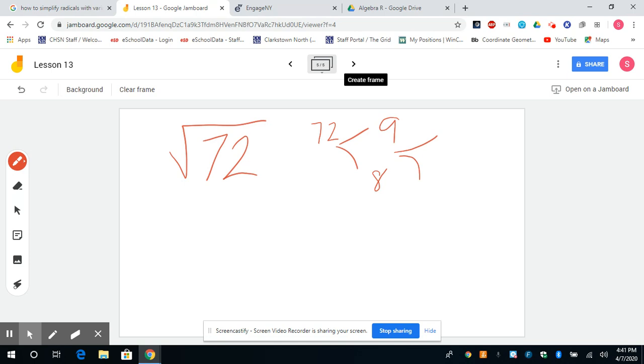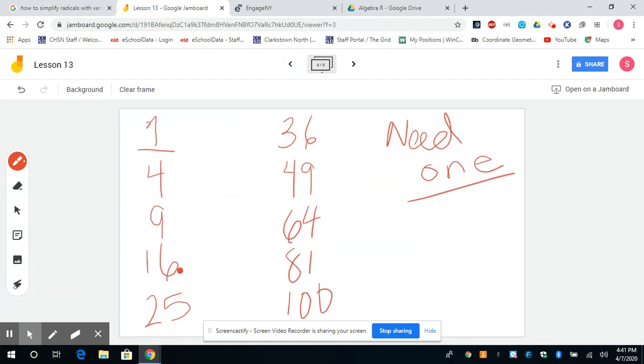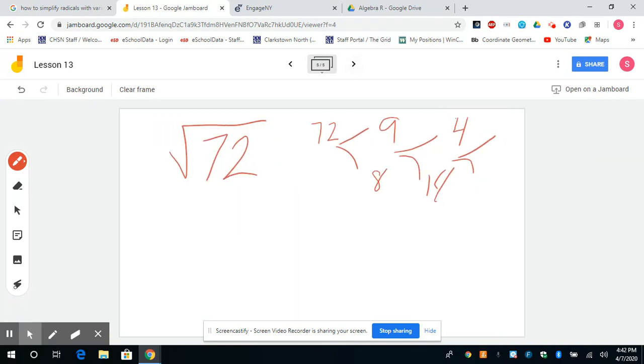Does 25 work? No. 72 divided by 4 is 18. What else? We did 9 already. Does 16 go into it? Nope, I get 4.5. I want nice numbers. 72 divided by 25? Nope. 72 divided by 36? Yep. So 36 and 2 also works.